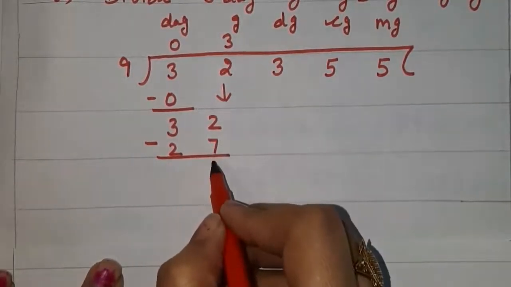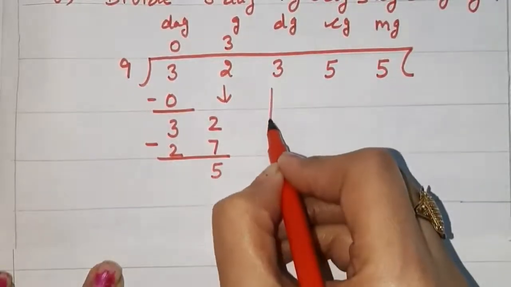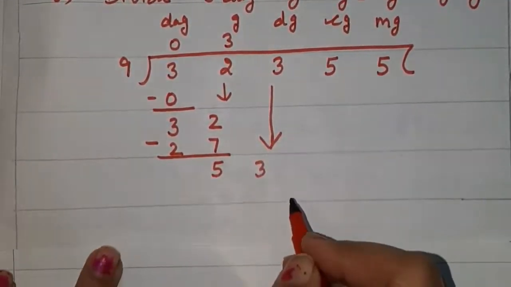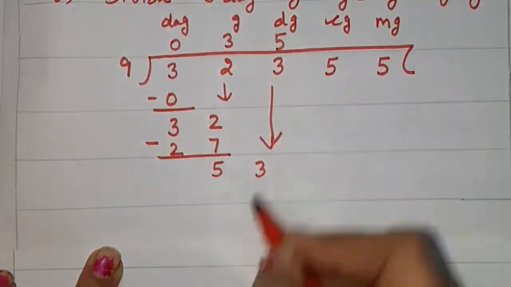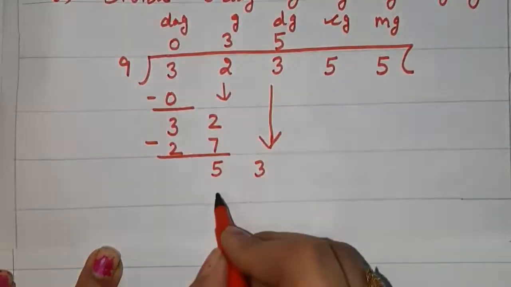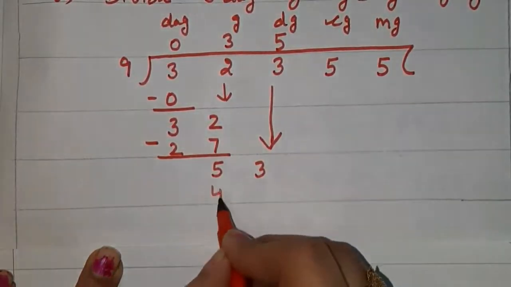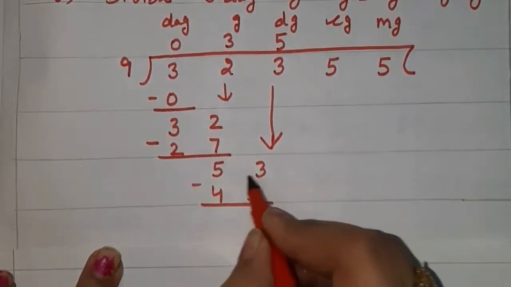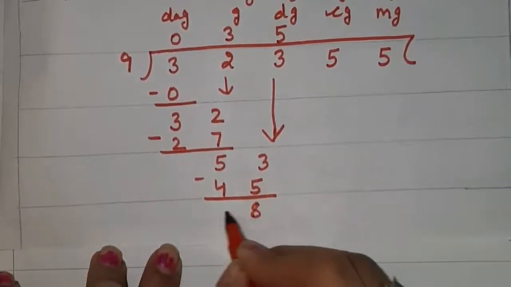Now 32 minus 27, 5. Next digit we will take, that is 3. 9 fives are, so we'll write down below decigram because we have considered the decigram digit. 9 fives are 45. Subtract this, 53 minus 45, 8.